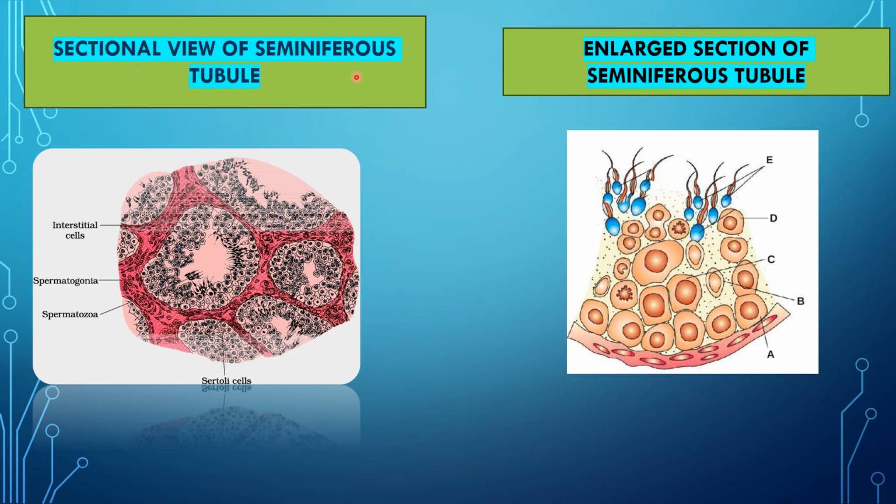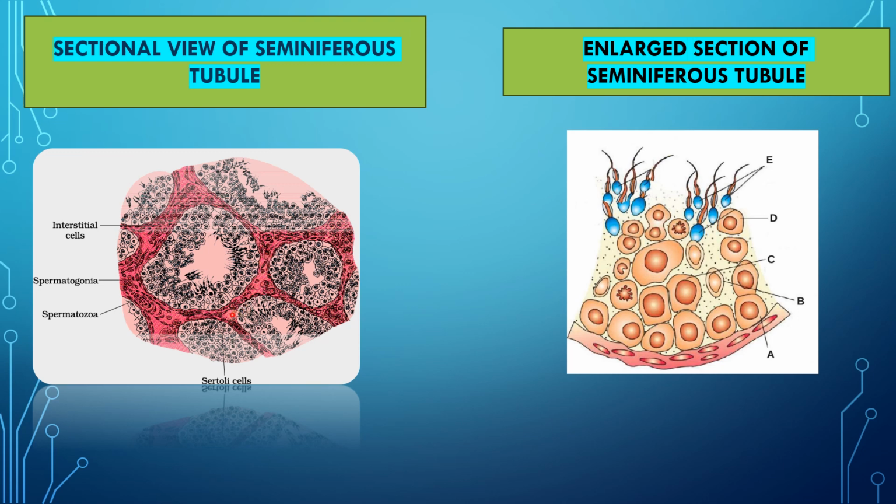And this is the sectional view of the seminiferous tubule. So these are the seminiferous tubules, and this is the interstitial space which you find between the spermatogonia. Each one is a spermatogonia, and between spermatogonia you find some space, isn't it?